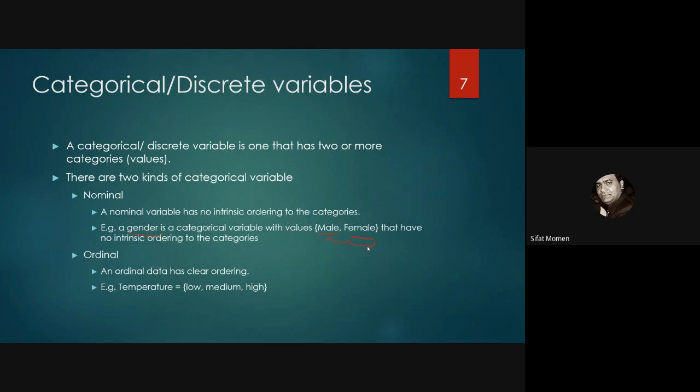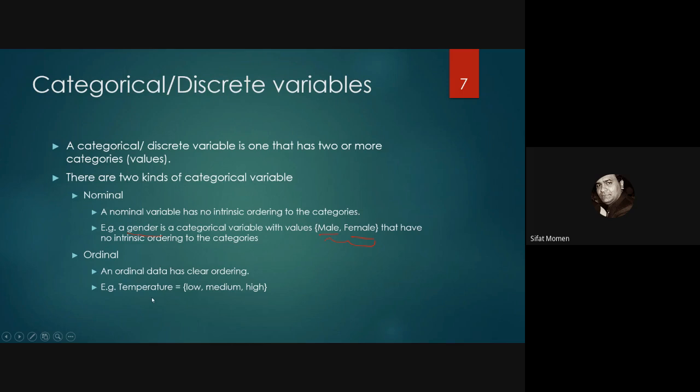Let me give another example where the categorical values can have some ordering. Those would be called ordinal categorical variables. The word ordinal comes from order. So ordinal data has some clear ordering. For example, imagine you have a variable called temperature.